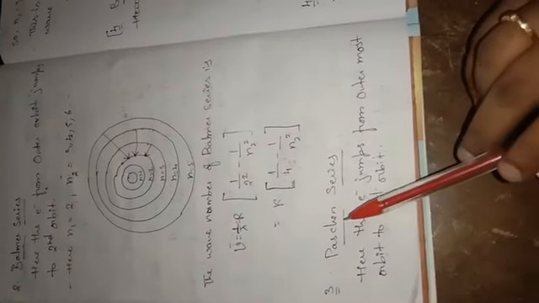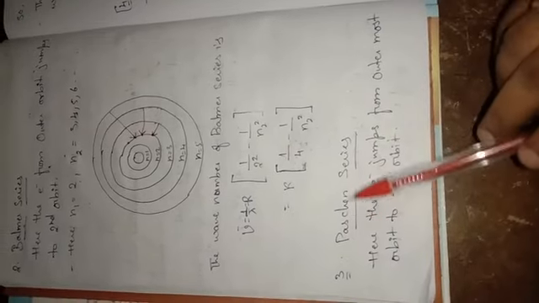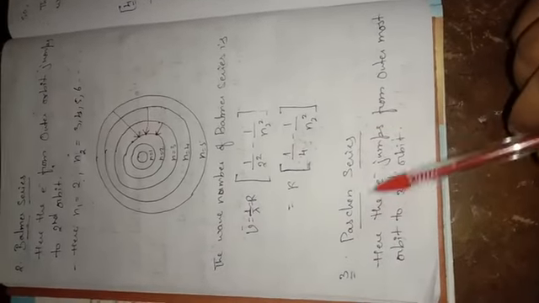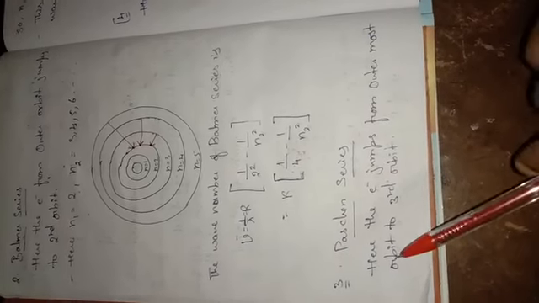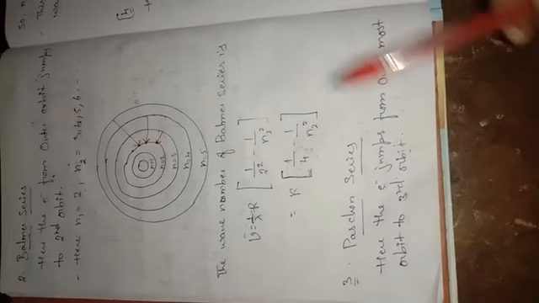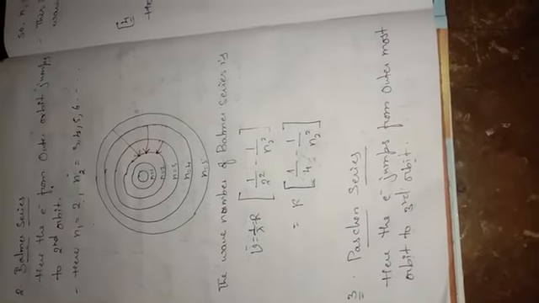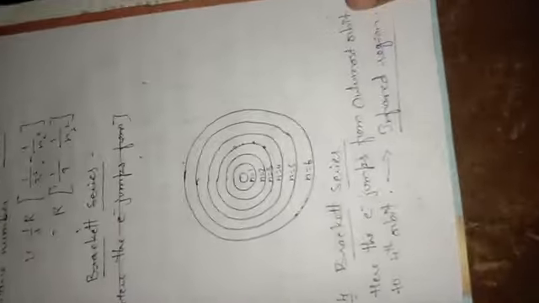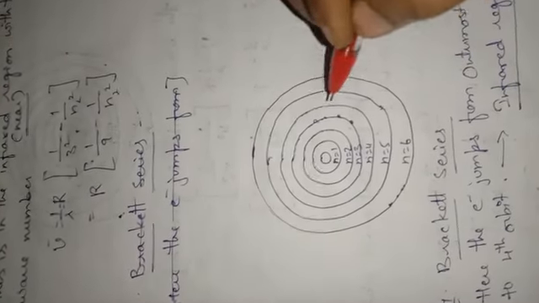Next comes the Paschen series. Third series that we are going to get is the Paschen series. So here the electron jumps from the outermost orbit to the third orbit. So whatever electrons are present in their outermost shell, they jump to the third orbit. So look at here.